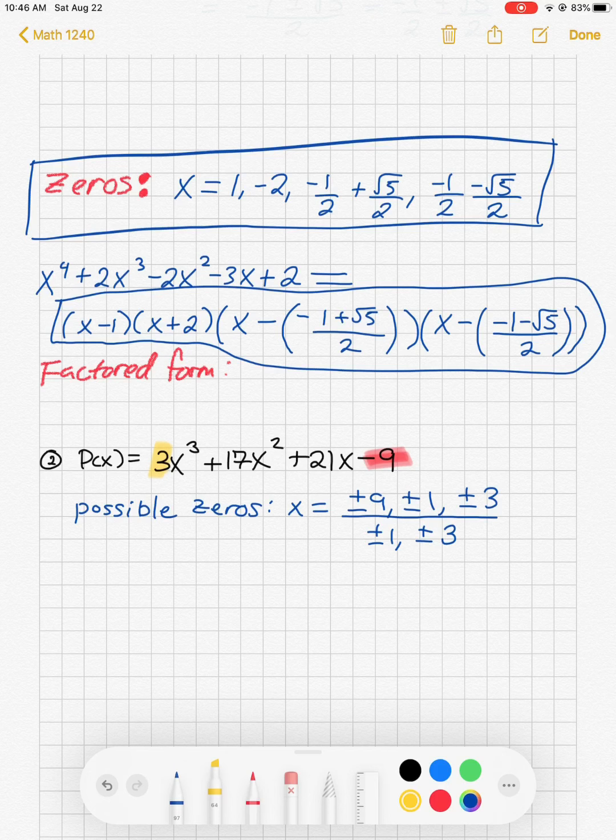Okay. So I guess my possible zeros would be 9s, 9 over 1. They could be 9 over 3. That would be 3s. Or they could be 1 over 1s, or 1s.